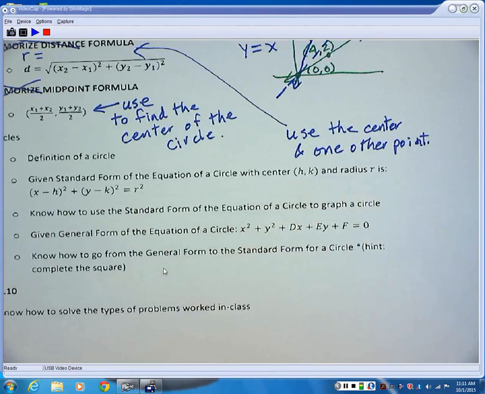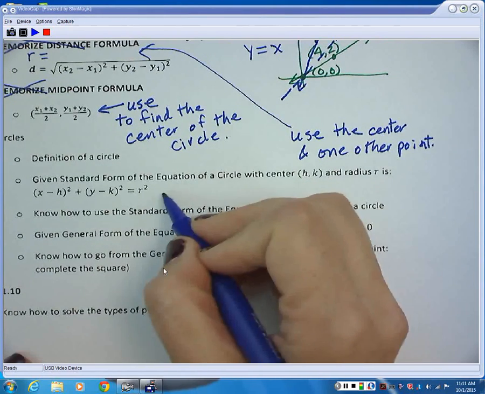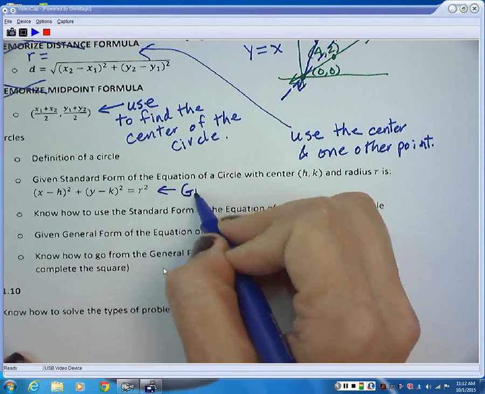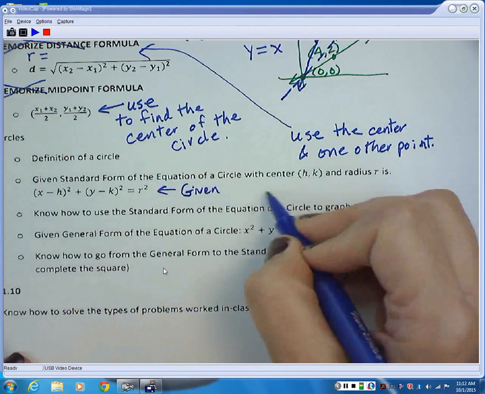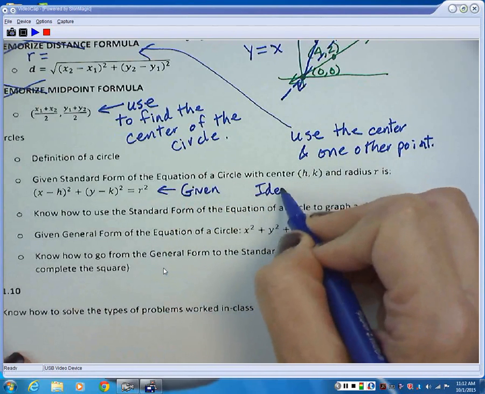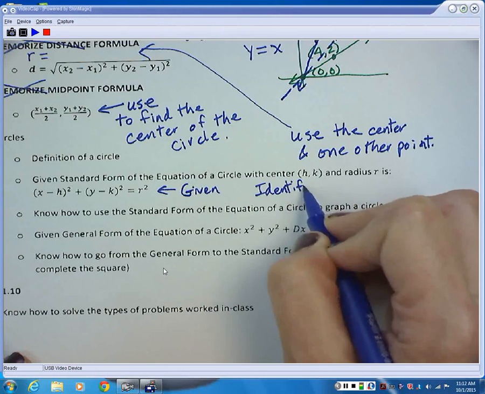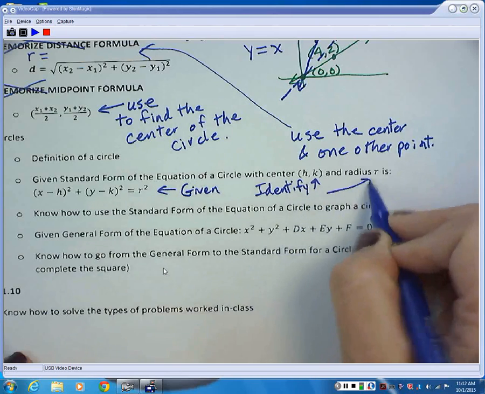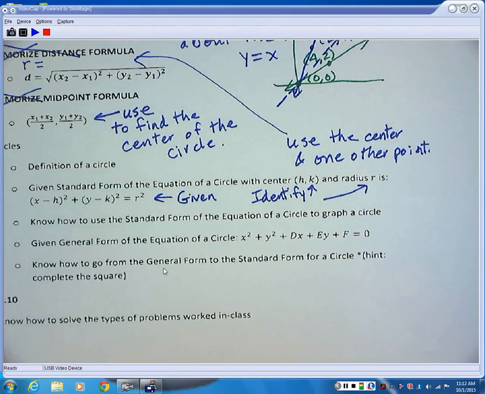So, if, say, you're given this, identify these, and vice versa. All right? We did that in class in the notes. We had to go both ways.